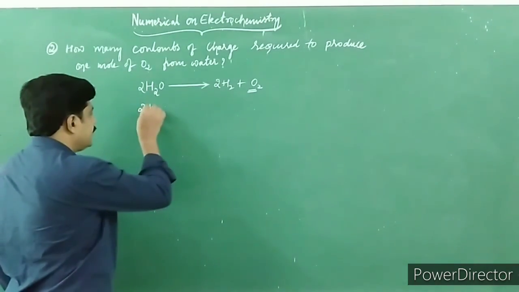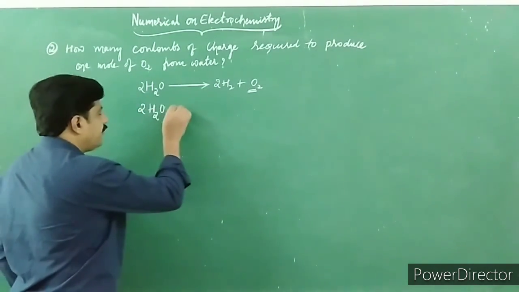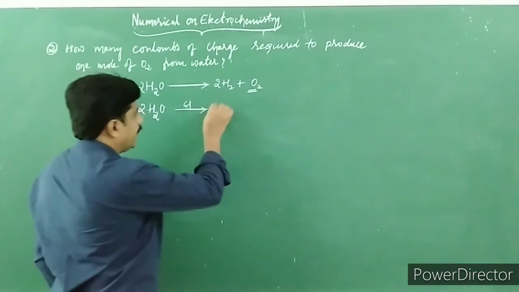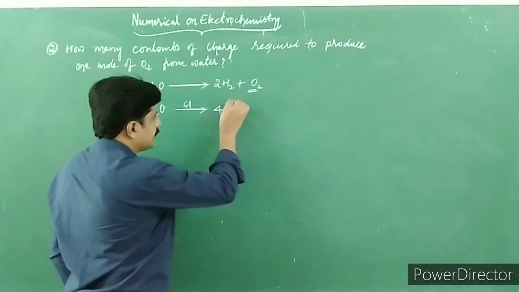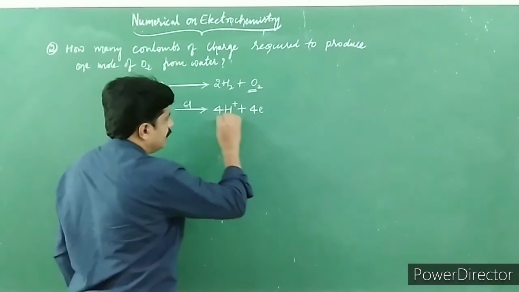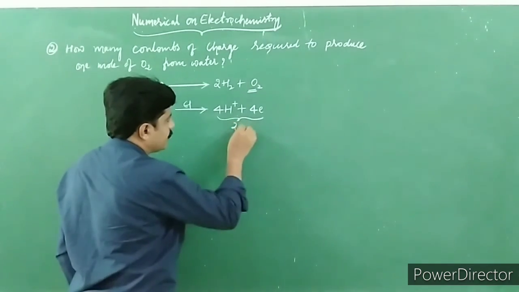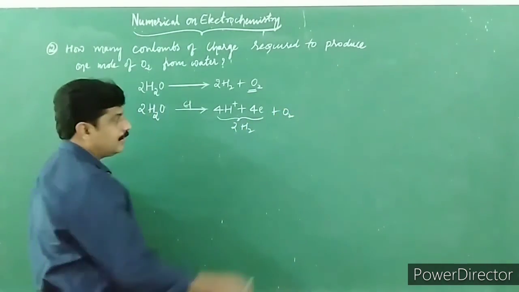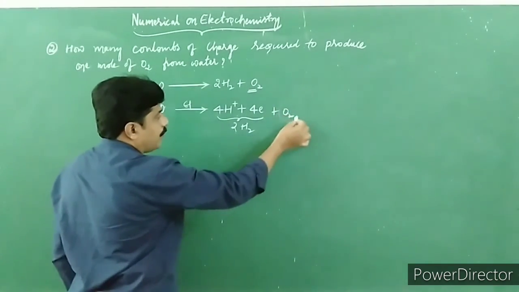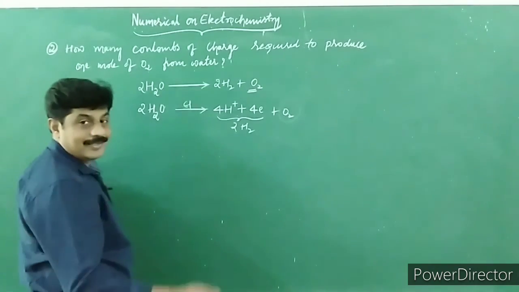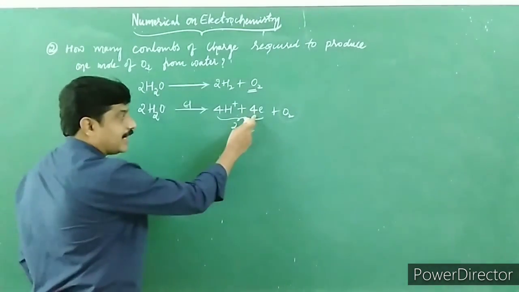Let me simplify this. 2 moles of water on electrolysis, you are going to get 4H+, is it not, plus 4 electrons. Now this is nothing but together 2H2 plus oxygen. Remember, for the production of 1 mole of oxygen, you require 4 moles of electrons.